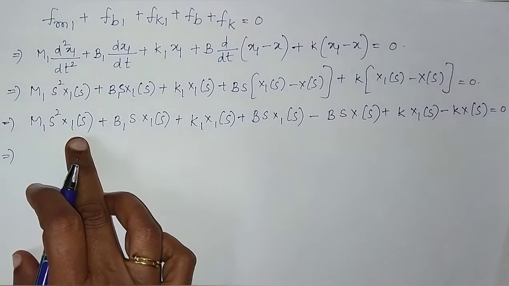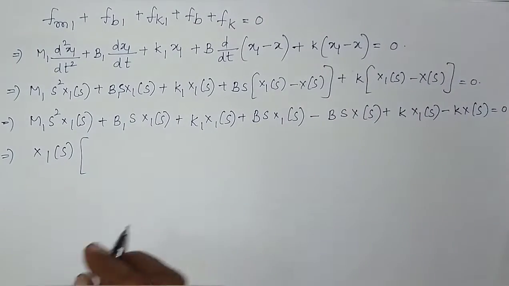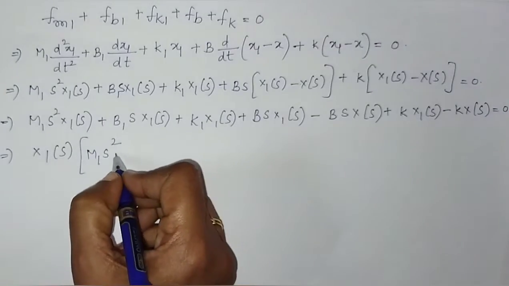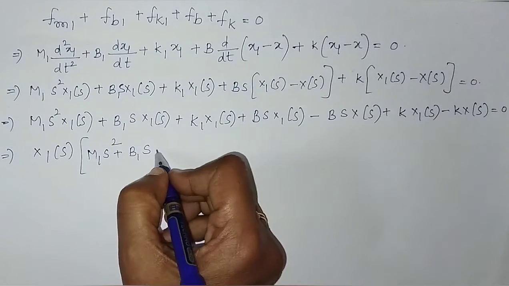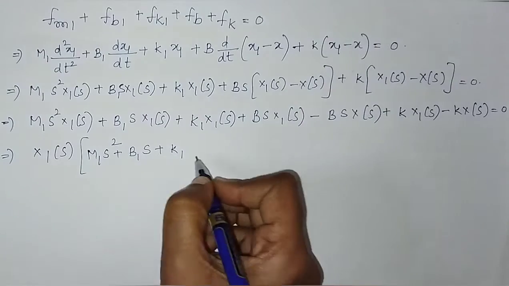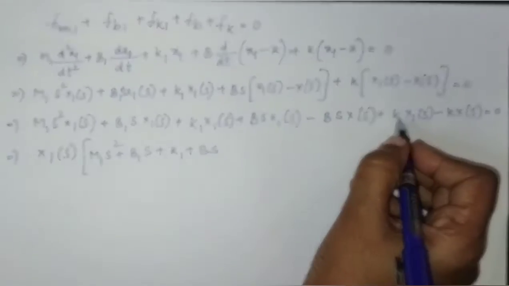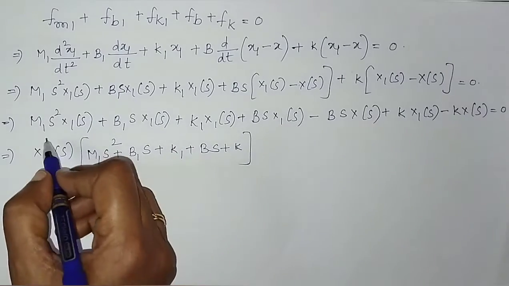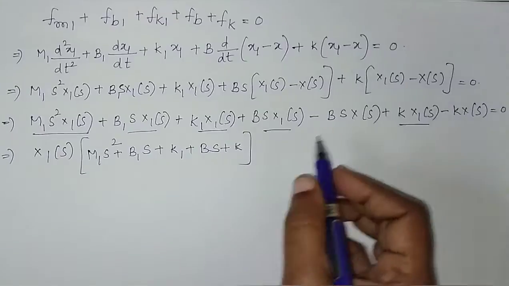Now, taking x1 of s common, we get m1 s square plus b1 s plus k1 plus bs plus k, that is 1, 2, 3, 4, 5.